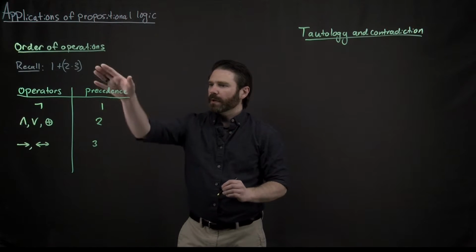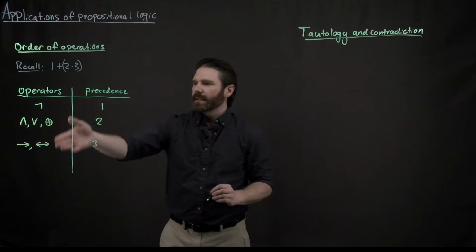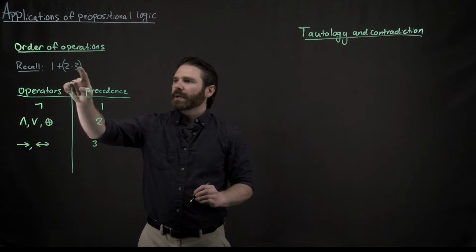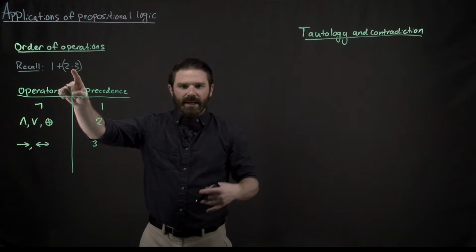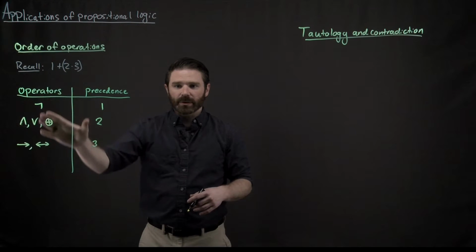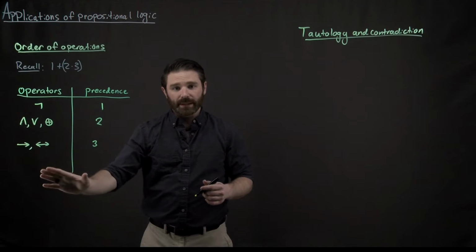So this is the order in which you will apply these operators. So similarly, how in this particular example, multiplication has a higher precedence, that means we do it first, and then addition. It's a similar thing for this list right here.